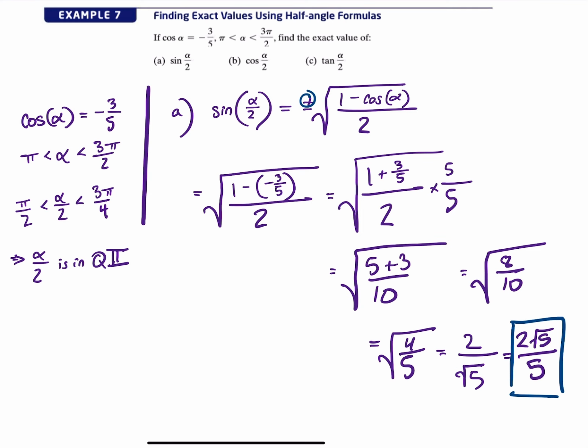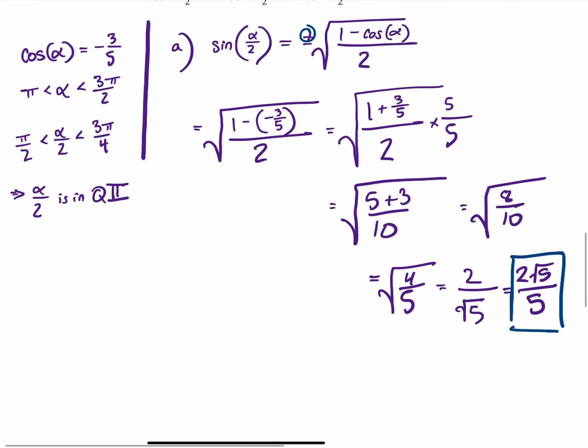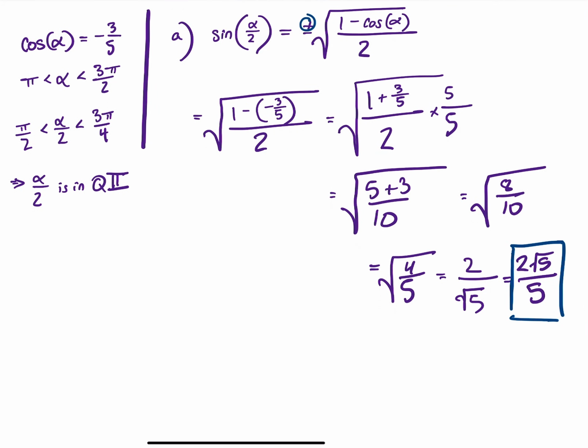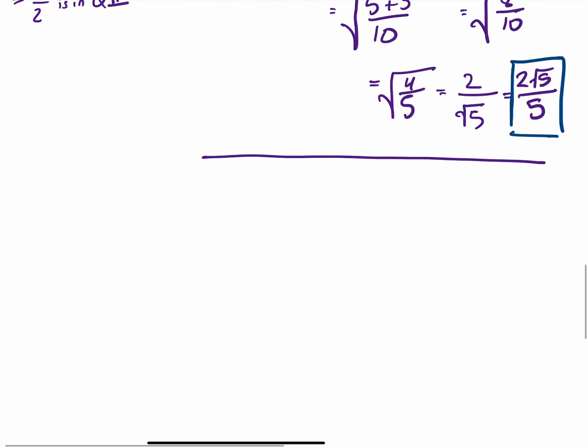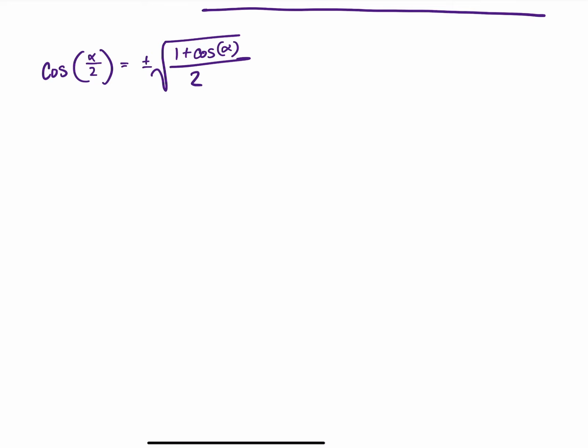So let's do a similar thing with the cosine. First I'll write out the formula that we had. The cosine of alpha over 2 will be plus or minus the square root of 1 plus the cosine of alpha over 2.